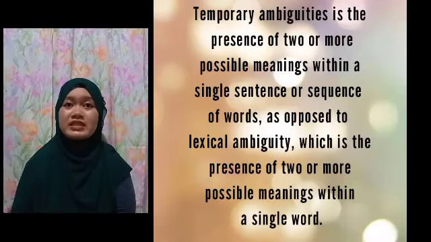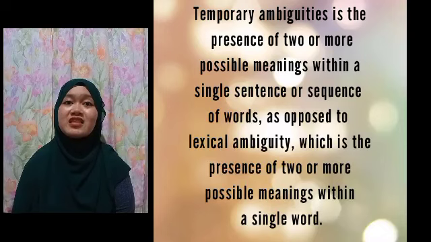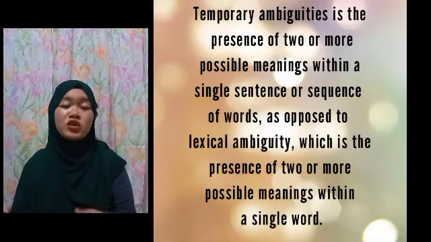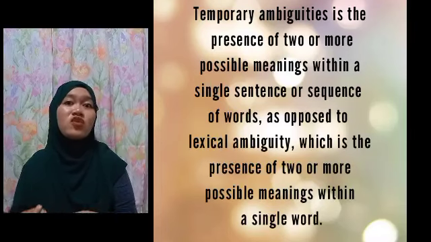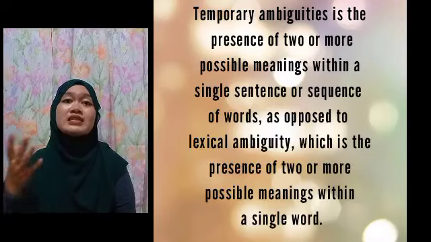Temporary ambiguity is the presence of two or more possible meanings within a single sentence or sequence of words, as opposed to lexical ambiguity, which is the presence of two or more possible meanings within a single word. The intended meaning of a syntactically ambiguous phrase can generally, although not always, be determined by the context of its use.